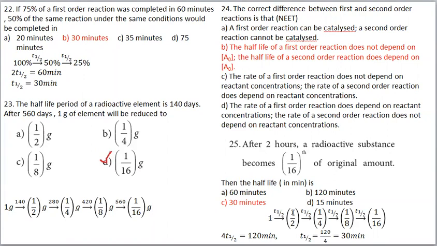After T half, half of this value remains, 1/2. Again one more T half, we get 1/4. Again one more, 1/8. Again one more, 1/16. The same value comes here. For this, how many T half are there? 1, 2, 3, 4. So 4 T half equals the time given, 2 hours, that means 120 minutes. So T half is equal to 120/4, equal to 30 minutes. So this is the right answer.